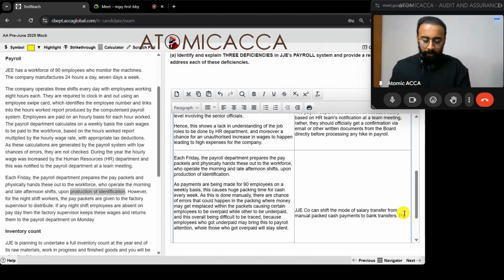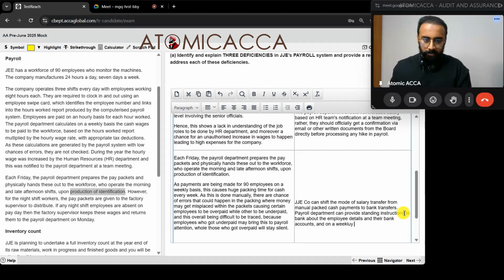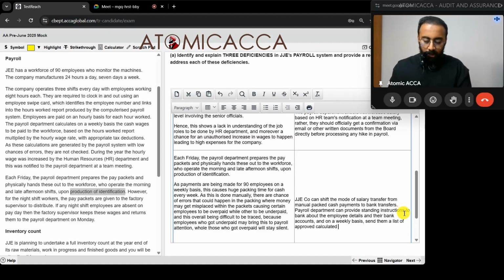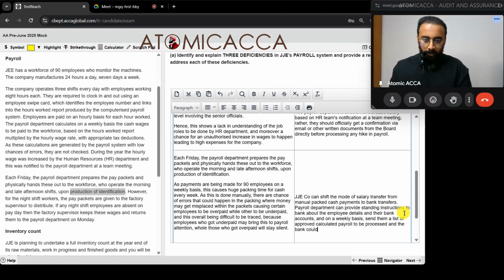What we can say, the payroll department can provide standing instructions to the bank about the employee details and their bank accounts, and on a weekly basis send them a list of approved calculated payroll to be processed, and the bank could do this automatically.